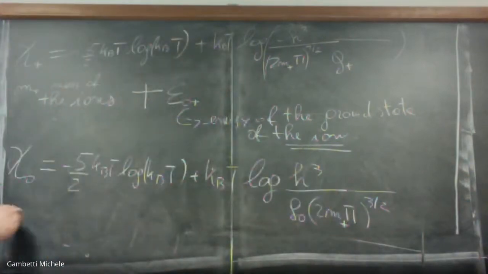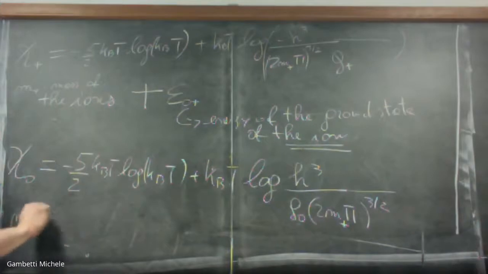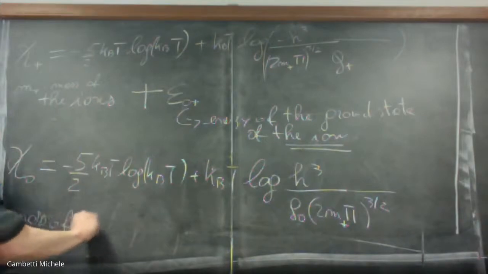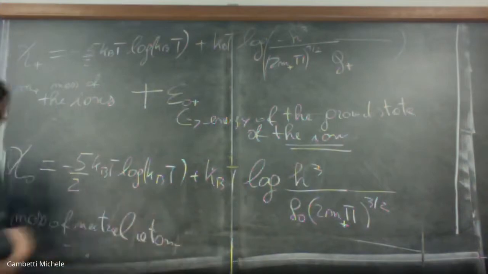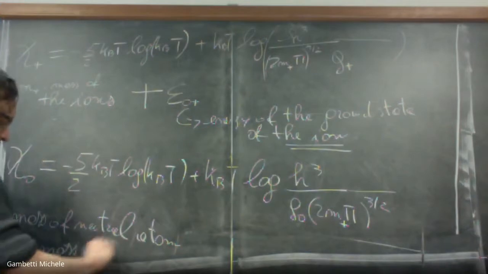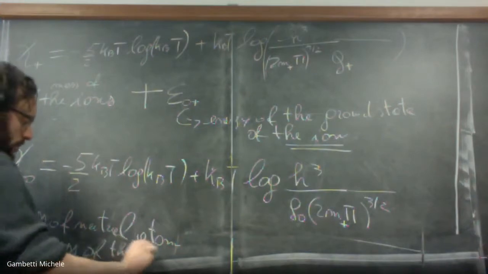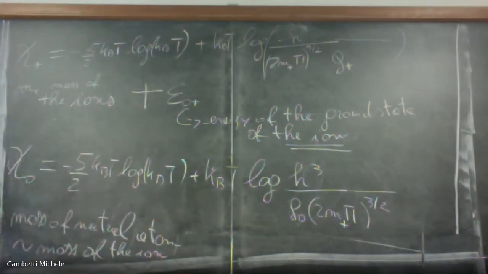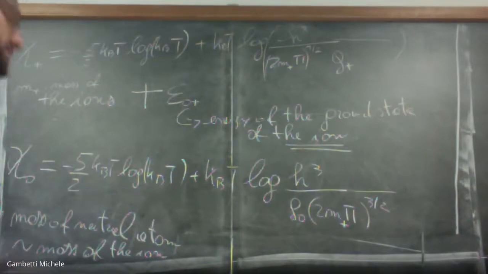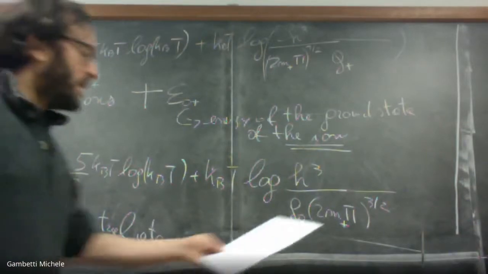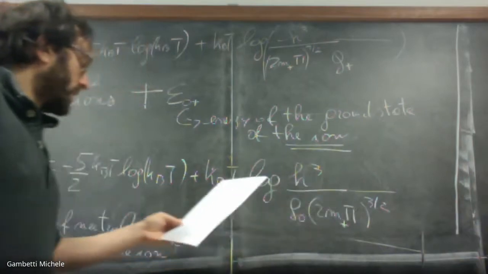So I'm saying that the mass of the neutral atom is almost equal to the mass of the ion, which is not a bad approximation, since the difference is an electron, which has a small mass with respect to the atom, and the binding energy. So they are basically the same.